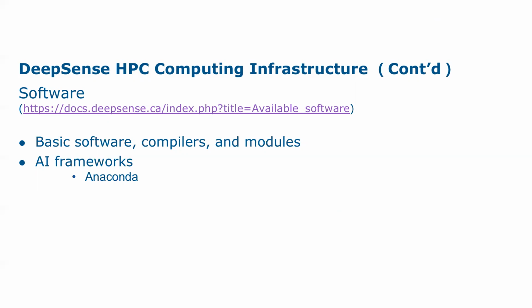So we provide help on how to install Anaconda in their home directory, and from there, how to activate their own environments for their AI projects. And we also have TensorFlow, PyTorch, Caffe, and so on. These are AI frameworks for AI model training.